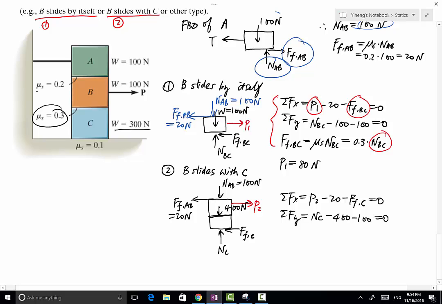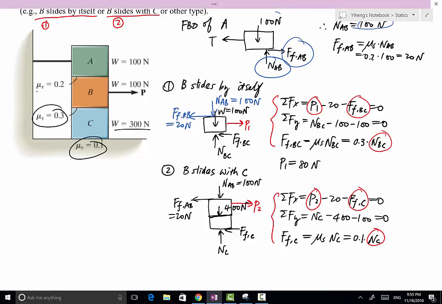And lastly, because sliding is going to occur at the surface between C and the ground, because BC are going to slide together, FC equals mu S times NC, and that mu S is this 0.1. So again, 3 equations, 3 unknowns, P2, FC, and NC. So we can solve for all 3 of them.